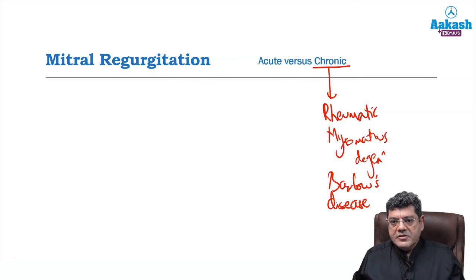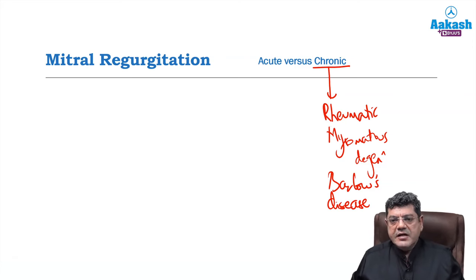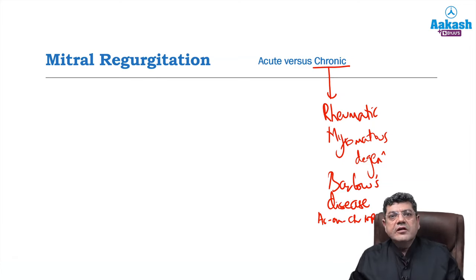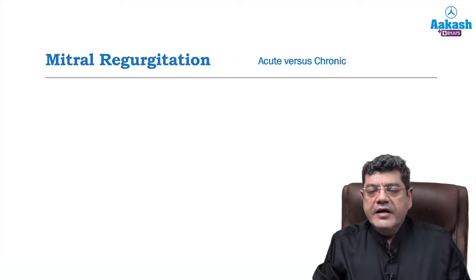While it is a chronic form of MR, it can sometimes, if the chorda tendinea ruptures, give rise to acute on chronic MR, right? So we'll keep distinguishing between acute and chronic varieties of mitral regurgitation as I go along, right?